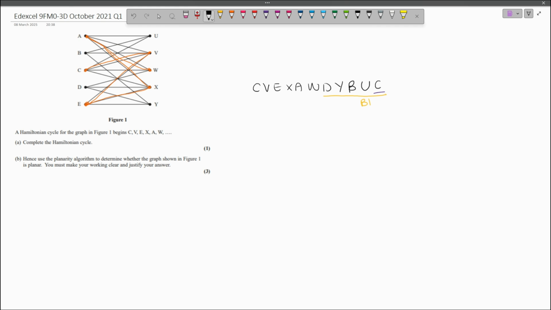So starting off with C, we'd start off with C down here. Let's do V, E, X, A, W, D, Y, B, and U. I can write all these letters out, and I can join all of these edges up.